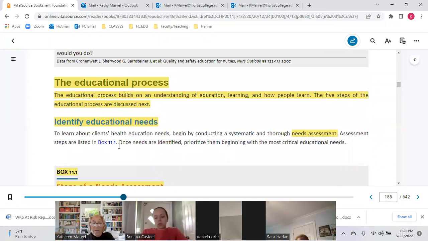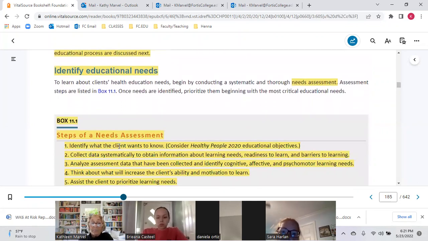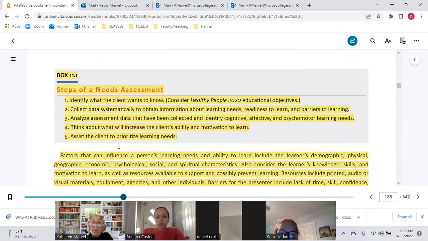There are 5 steps. The education process is built on an understanding of education, learning, and how people learn. There are 5 steps of the educational process. The first is identifying educational needs, and that's essentially doing your needs assessment. Box 11.1 goes through how to do a needs assessment.